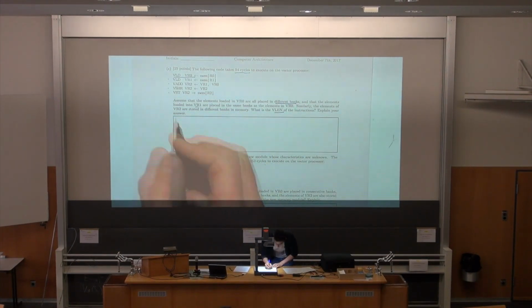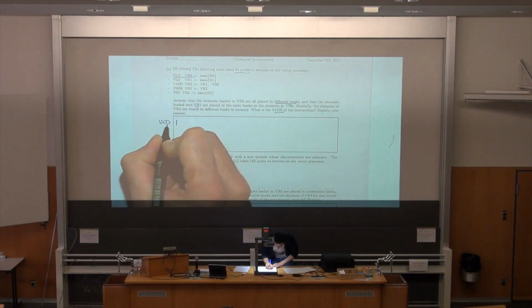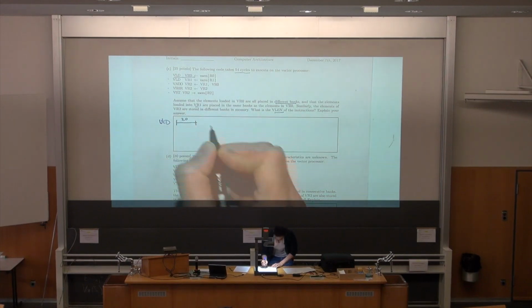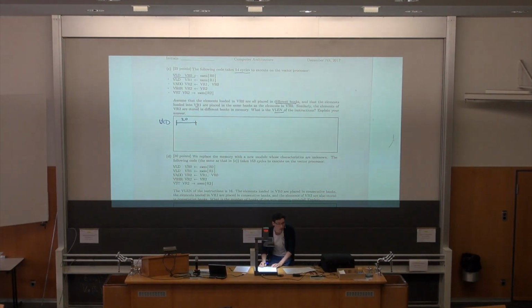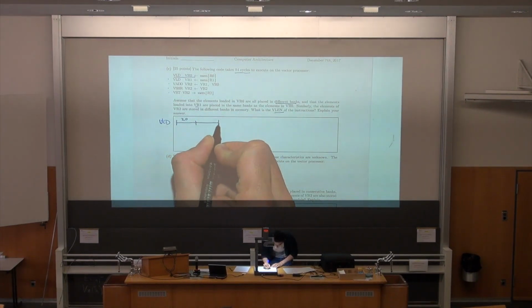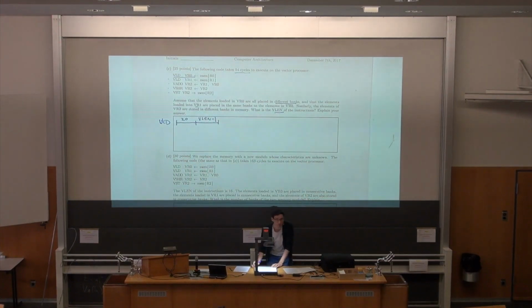So let's draw a timeline same as we did before. For the first vector load, we will need 20 cycles for the first vector element, and after that we can get 1 new element every cycle.